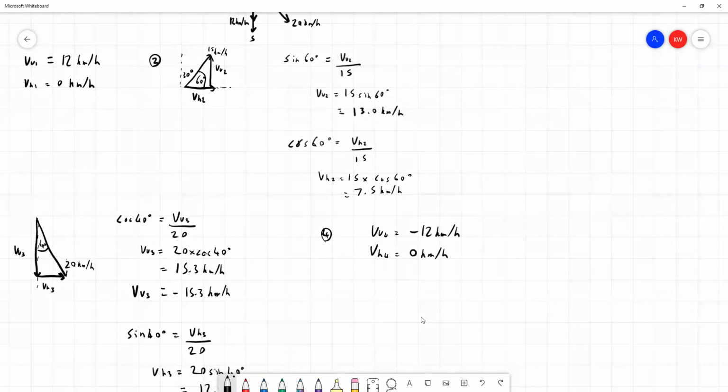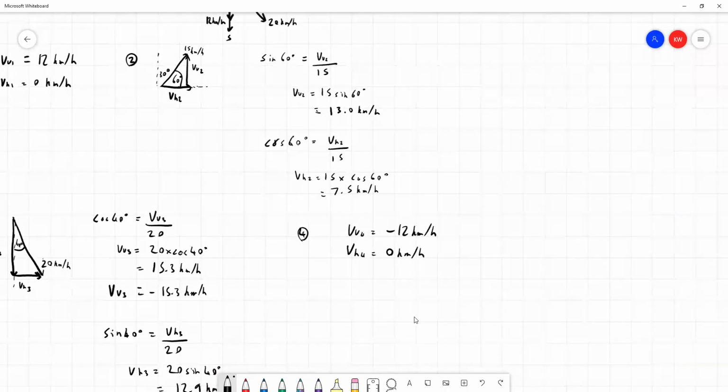The next stage of this question is to find the overall horizontal velocity and the overall vertical velocity that come from these vectors. So to find VV is going to be the sum of VV1 plus VV2 plus VV3 plus VV4, all of our vertical velocities.